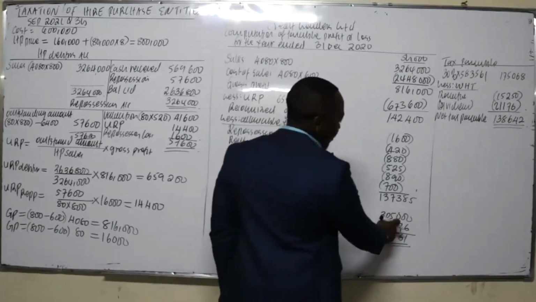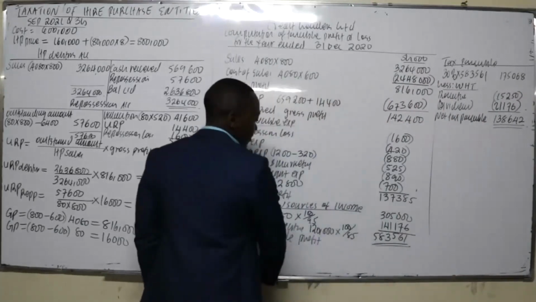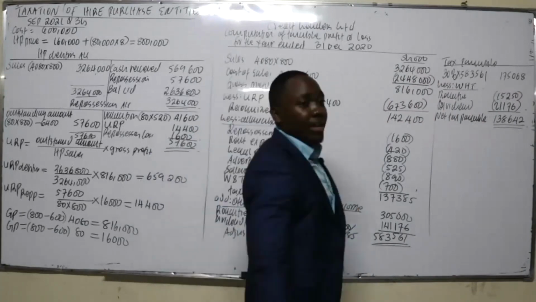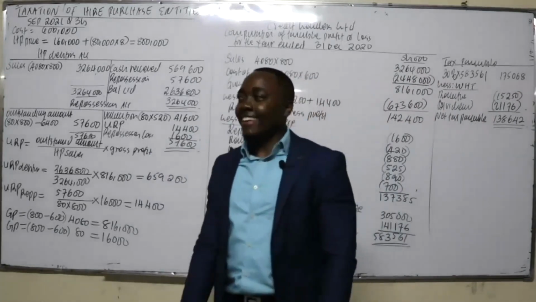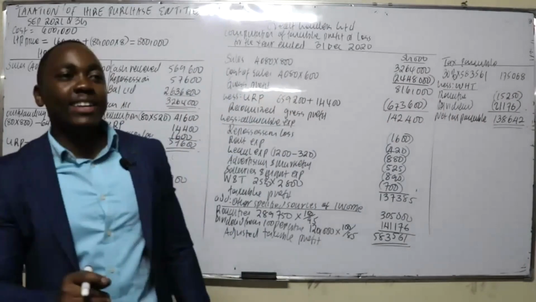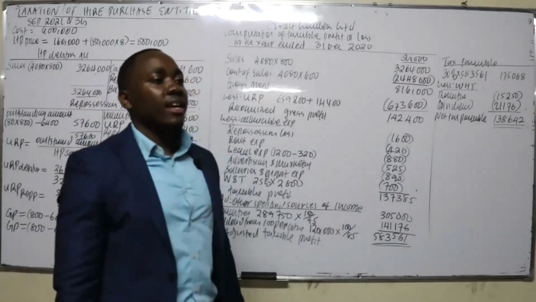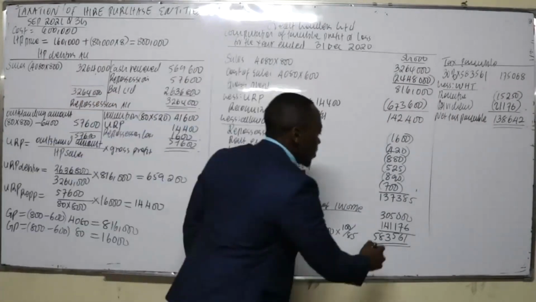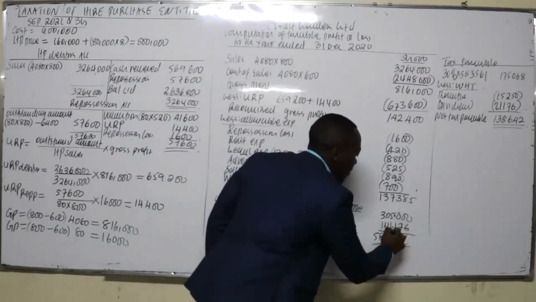And this one should be 141,176. Correct. But it's okay, you have understood. Be very keen when it comes to standardization.